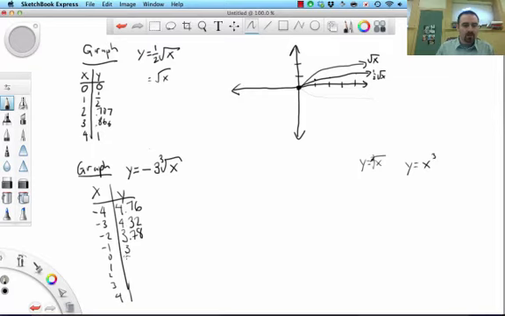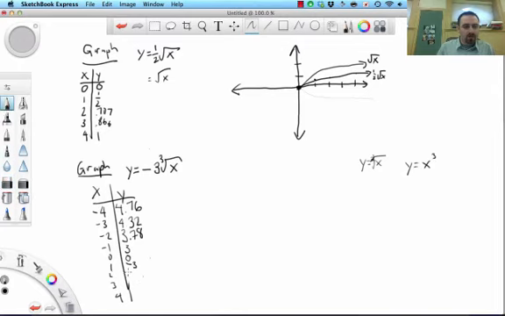The cube root of 0 is 0. Now, the only difference between these numbers and these numbers is going to be the sign. If I were to go back and put in a positive 1, I would get -3, because if I put in -1, I get 3.